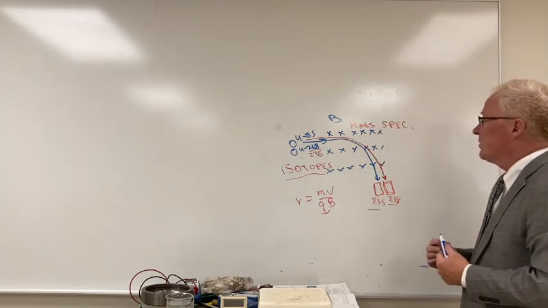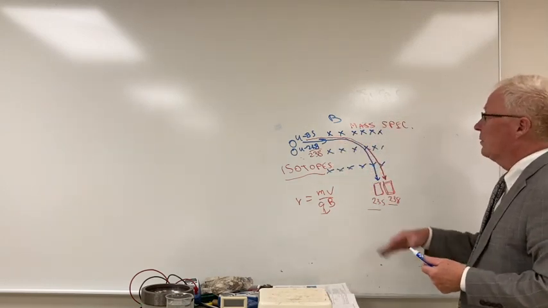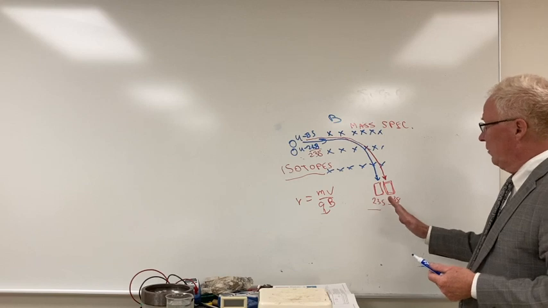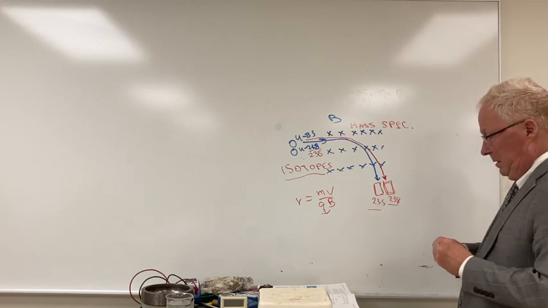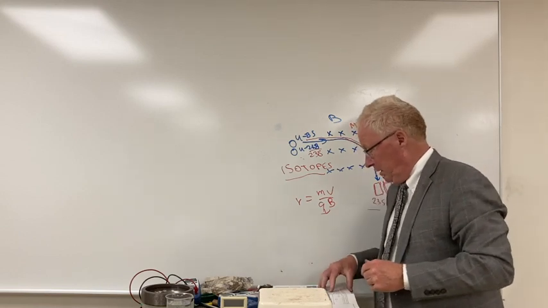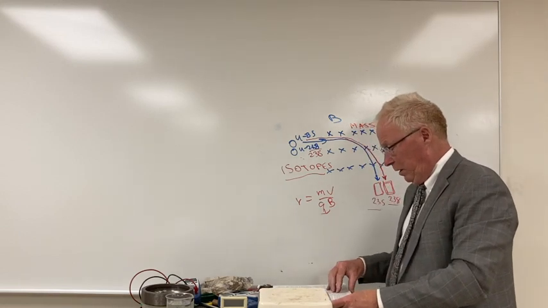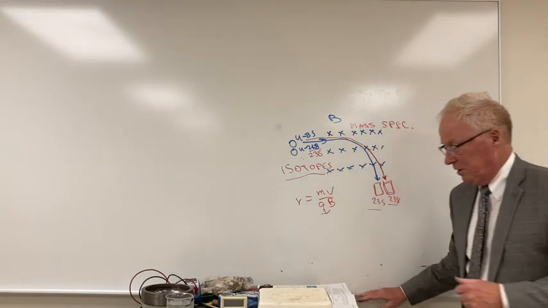We can use that to separate 235 and 238. Whichever one is heavier is going to be deflected less. So that is the principle. That's chapter 20.